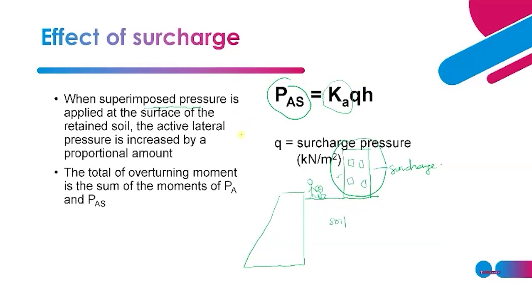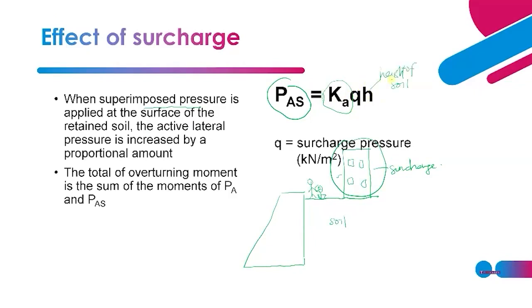Kalau you letak boat tu akan float. Dia bukan terus masuk ke dalam, tenggelam dan menjadi satu yang mengganggu dia punya loading kat situ. Ini only effect pada tanah saja. So KA times Q. Q ni is surcharge pressure and then times dengan H. H ni height of soil.